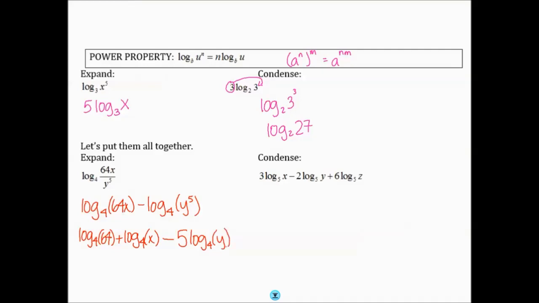Now, I'm not quite done because I can evaluate log base 4 of 64 because 4 to the 3rd power gives me 64. So this would just be 3 plus log base 4 of x minus 5 log base 4 of y.